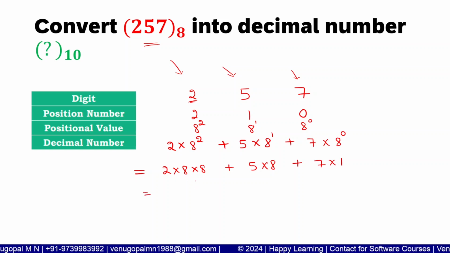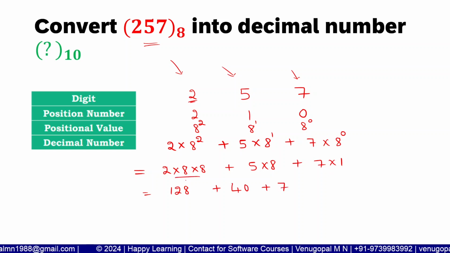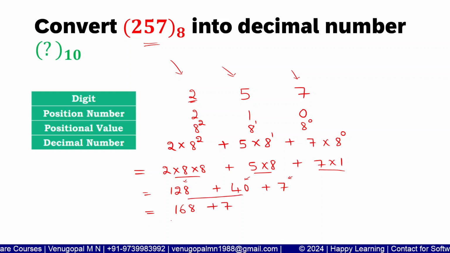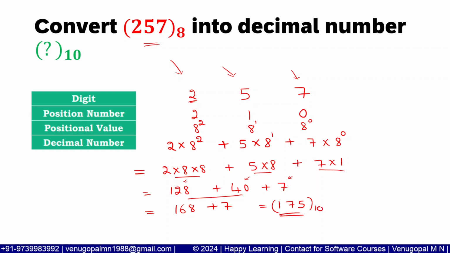So 8 8s are 64, into 2, 128, plus 8 5s are 40, plus 7, 7 ones are 7. 128 plus 40 is 168. Addition of this plus 7, 175 is the right answer in the decimal number system.